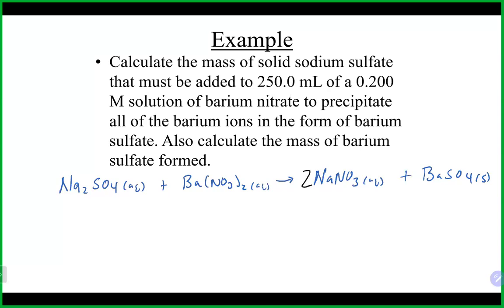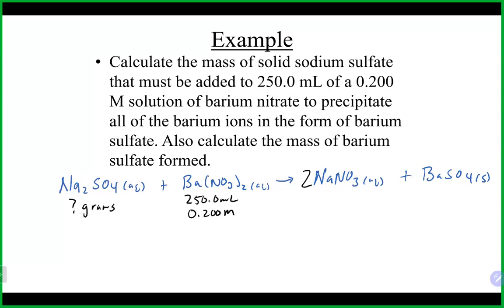So we are given that we have 250 milliliters of barium nitrate. It is a solution that is 0.25 molar. And we want to know the mass of sodium sulfate. So that is this guy. We want to know how many grams of this guy we would need.